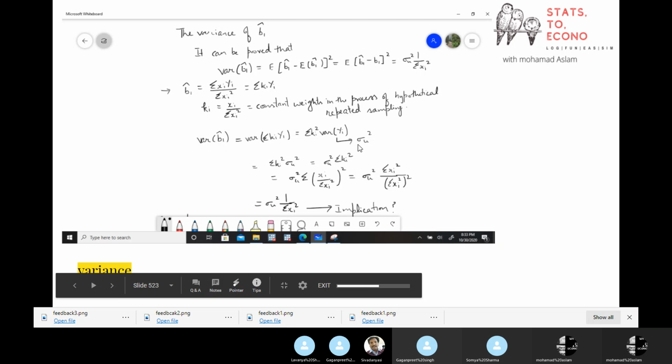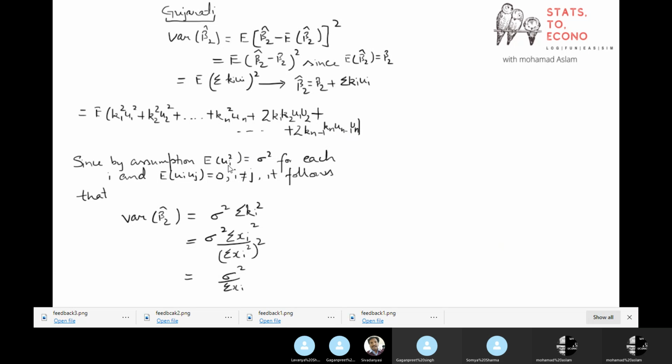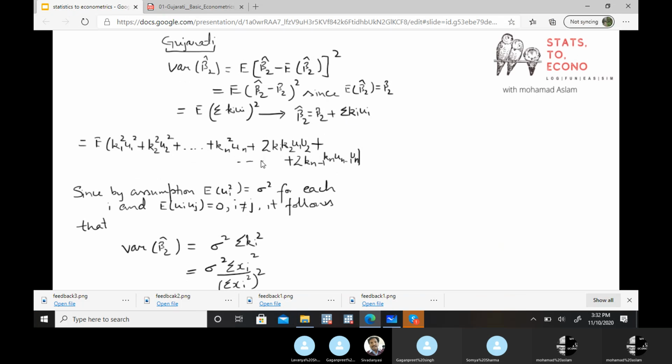And where this proof is given, in the Gujarati method, they have used that the expected value of ui square is sigma square, meaning it's a constant. That's the homoscedasticity assumption that we have taken.